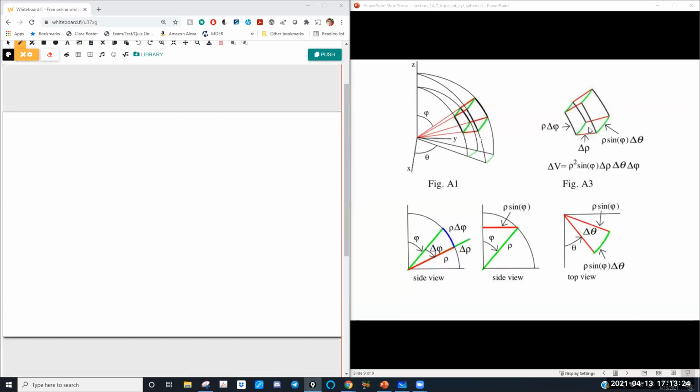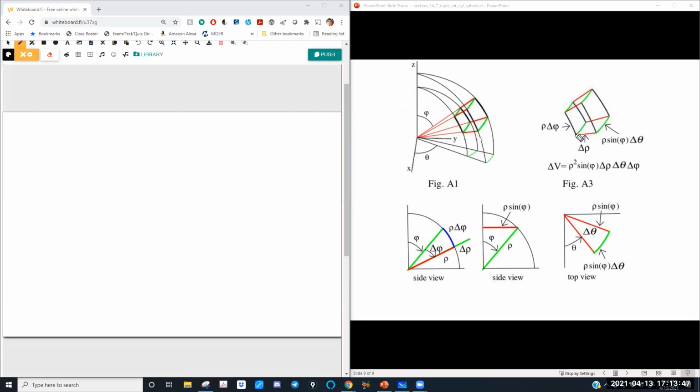And here it is magnified a little bit. Now, where does everything come from? Well, the d rho is kind of simple because rho is the distance from the origin. So this is just our change in rho. So that's the delta rho right there.